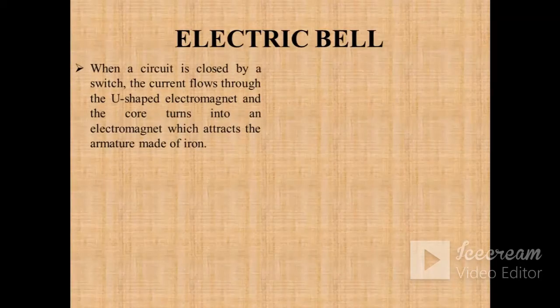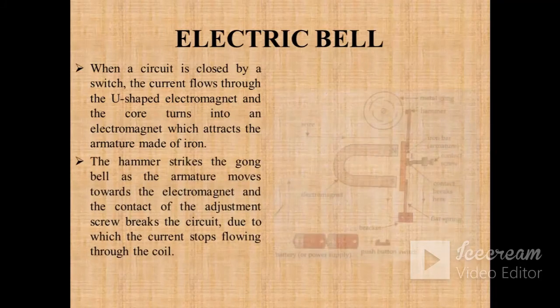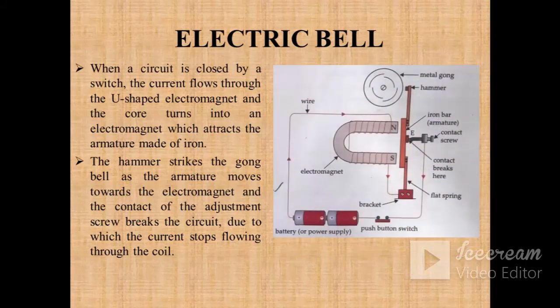Now how does an electric bell work? When a circuit is closed by a switch, the current flows through the U-shaped electromagnet and the core turns into an electromagnet which attracts the armature made of iron. When the circuit is closed, the current starts flowing and the core turns into the electromagnet.